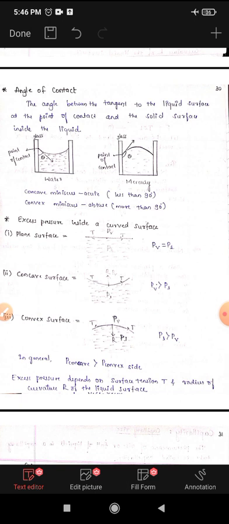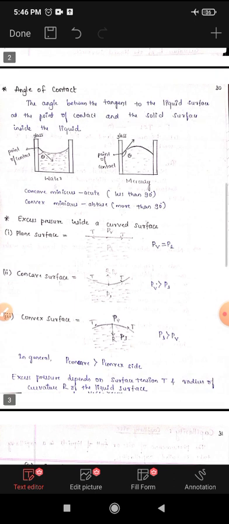It is defined as the angle between the tangent to the liquid surface at the point of contact and the solid surface inside the liquid.